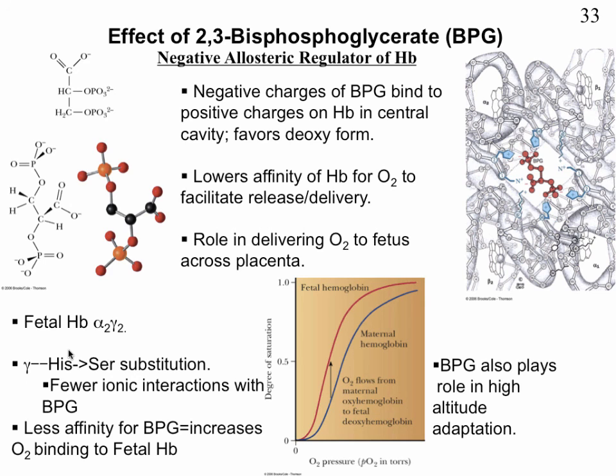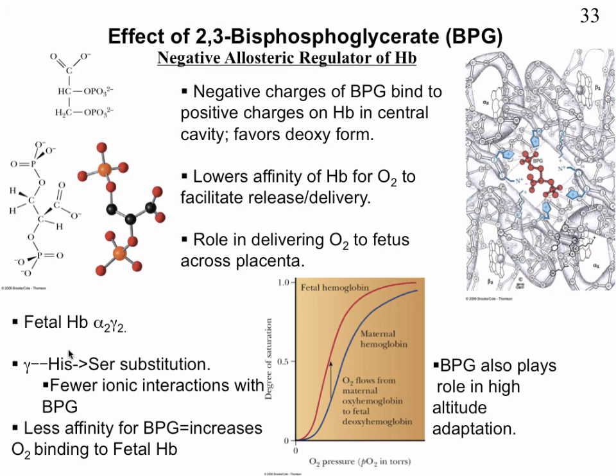So what happens is 2,3-BPG will bind right inside this cavity. It's going to form these salt bridges or ionic interactions between the side chains of the deoxyhemoglobin and bisphosphoglycerate. That binding stabilizes the low affinity conformation of hemoglobin, which then also facilitates the release and delivery of oxygen to the tissues.